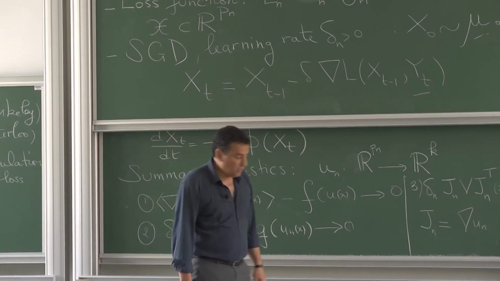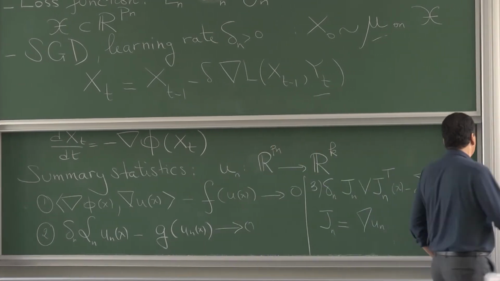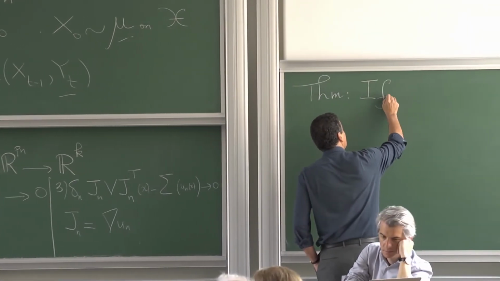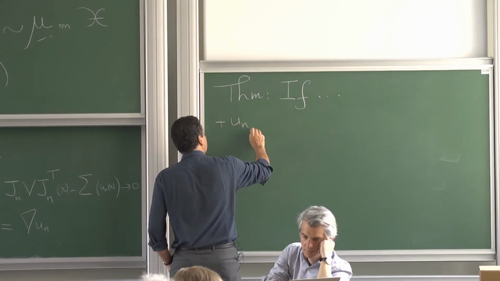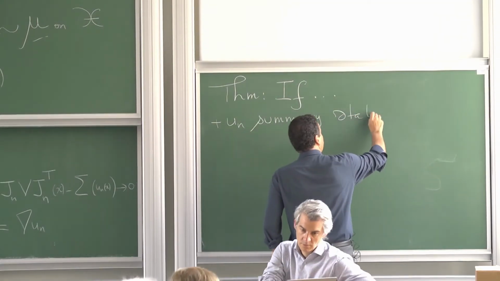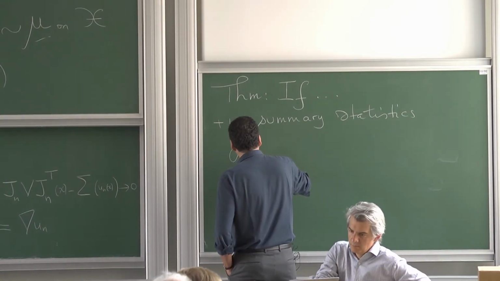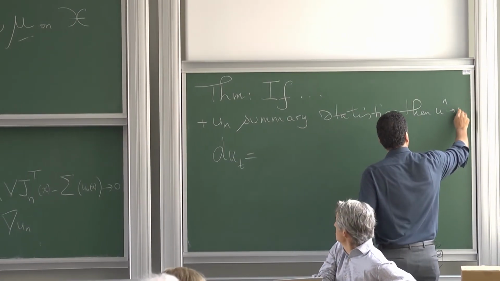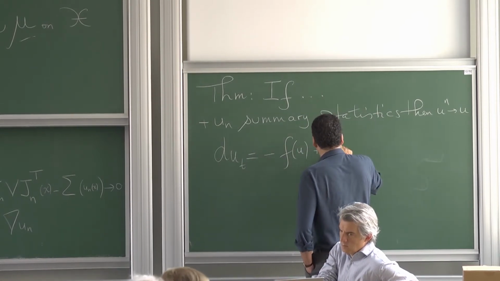And of course, this is built on purpose so that once you have that, the theorem would be: if something, plus the fact that U_n is a good summary statistics, then this projection converges to a U, which will be simply this.